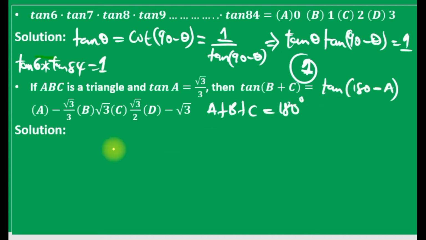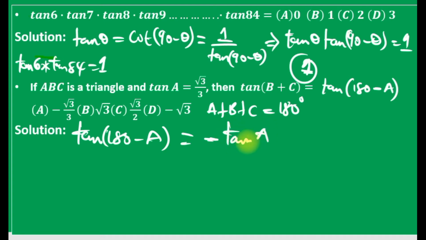So we are asked to find this, and we know that tan 180 minus A, in the second quadrant, is the same thing as minus tan A. And again, we are given this, so the answer is minus root 3 over 3. So our answer is A.